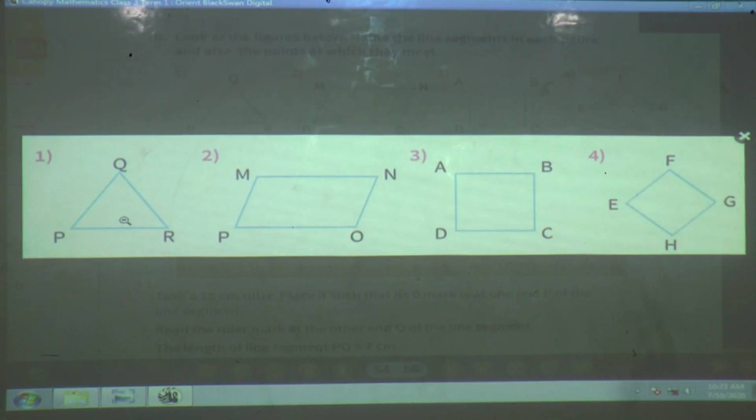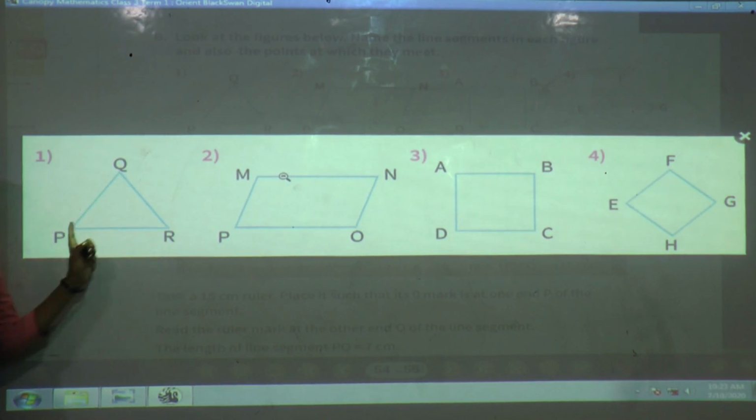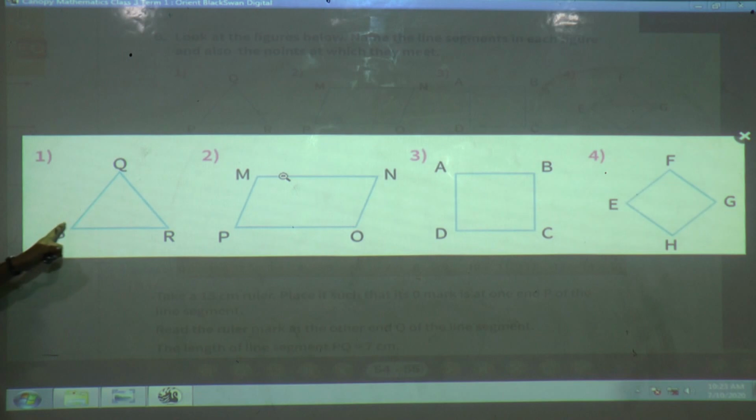So one by one we will see each and every figure. Now see this first one. What is this? This is a triangle, and what is the name of the triangle? PQR. Okay. Now first we will write the names of the line segments. Here how many line segments can you see in the triangle? Yes, there are 3 line segments.